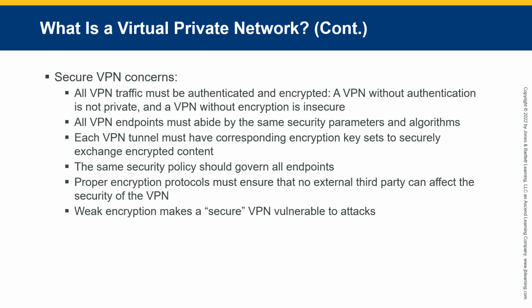Now, all VPN endpoints must abide by the same parameters and algorithms. So they all have to negotiate on security algorithms and RAS connections. And RAS means remote access service connections. Now, each VPN tunnel must have a corresponding encryption key that sets up a security exchange of encrypted content. A lot of you have already taken cryptography, maybe, or some secure networking, and this is your PKI stuff.